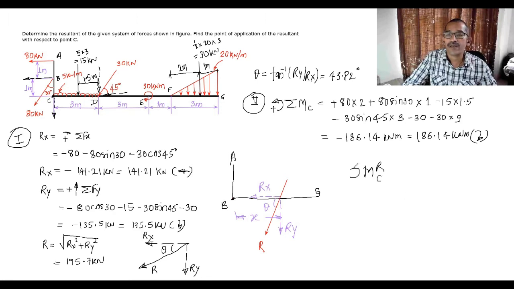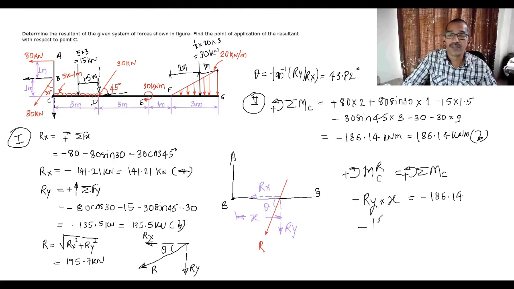Taking anti-clockwise moment positive, equal to the sum of moments of all forces about C taking anti-clockwise moment positive. What is the moment of the resultant? Minus Ry into X, Ry into X. This is minus 186.14. What is the value of Ry? 135.5.